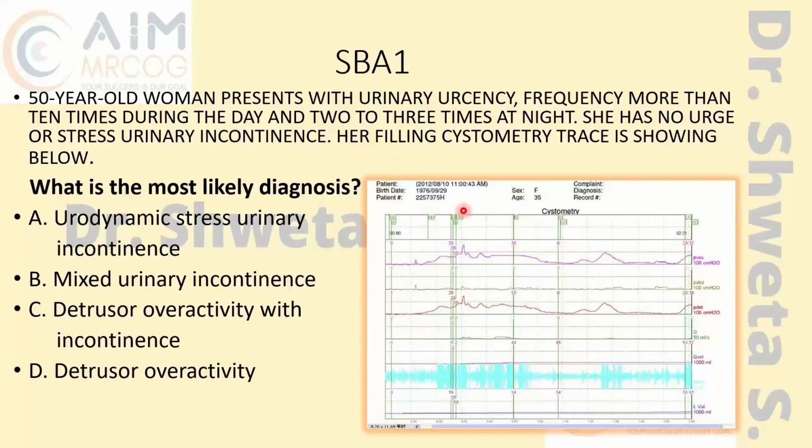Mention in the exam, like here filling and here voiding. Up till here it is filling and then this is the voiding. So we are focusing on this part because this is the whole filling; they have not mentioned filling and voiding separately. This is filling cystometry, the whole thing. Now you will judge it first by detrusor.